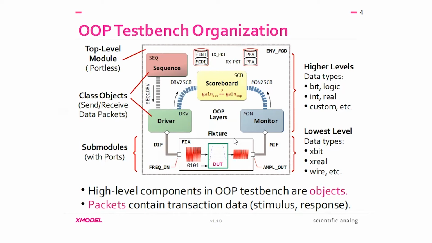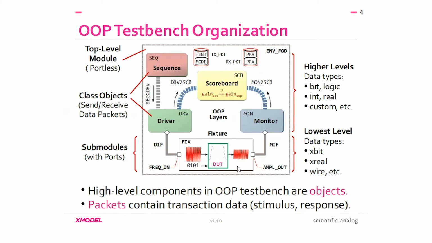At the lowest levels of the test bench, we found it convenient to encapsulate all the analog behavior inside a fixture submodule. That includes the DUT itself, a few X-model primitives used to generate the input sinusoid to the DUT, and a few other primitives that measure the peak-to-peak amplitude coming out of the DUT.